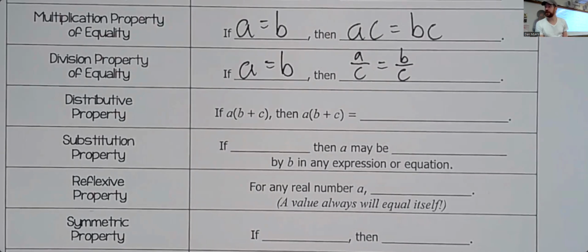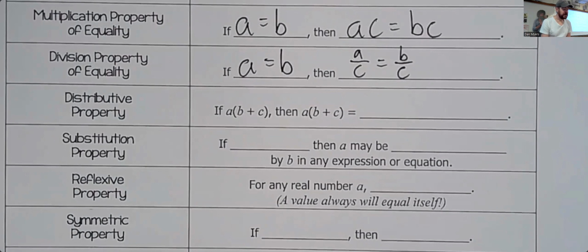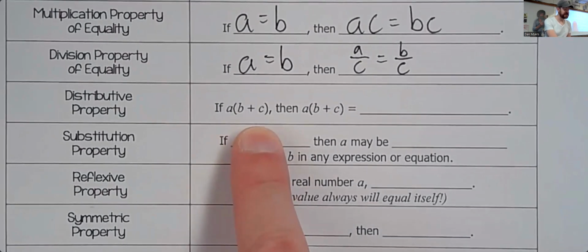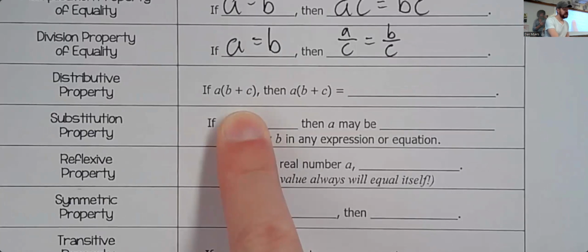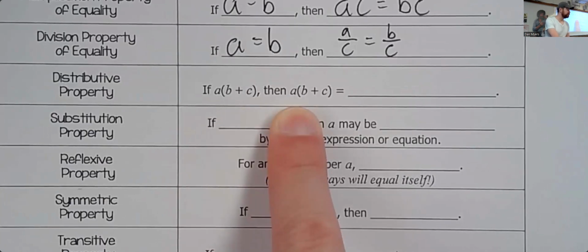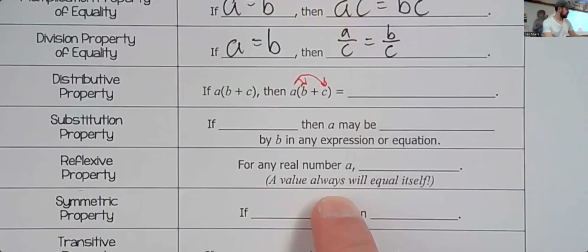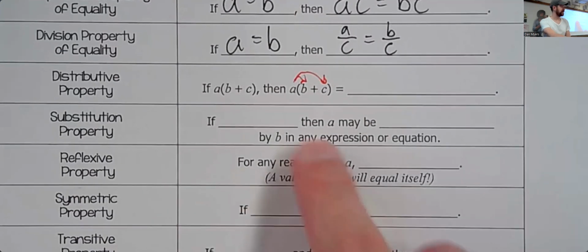All right, the next one is the distributive property. It says if you have A times B plus C, then if you take your original left side of the equation and distribute A to both B and C, remember with distributive, you just multiply everything inside the parentheses by the thing on the outside.